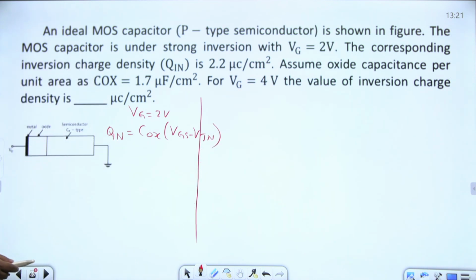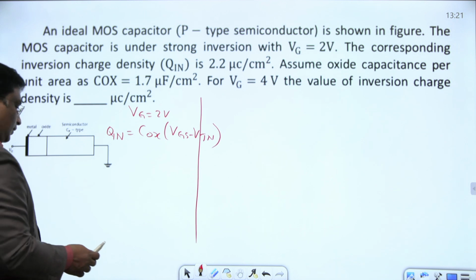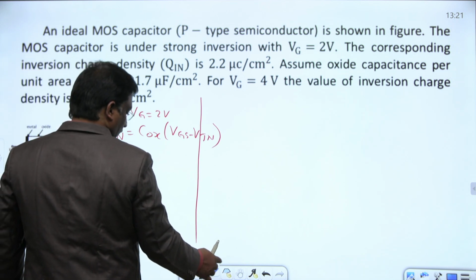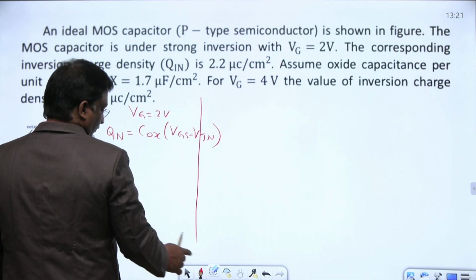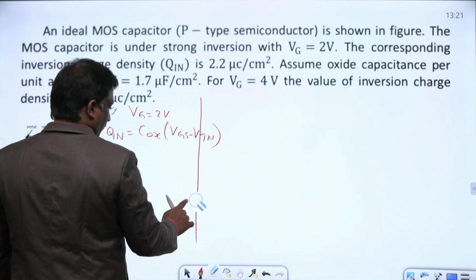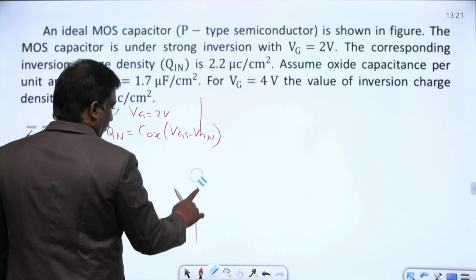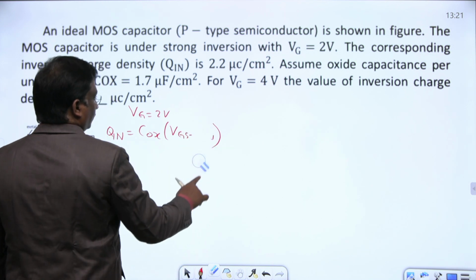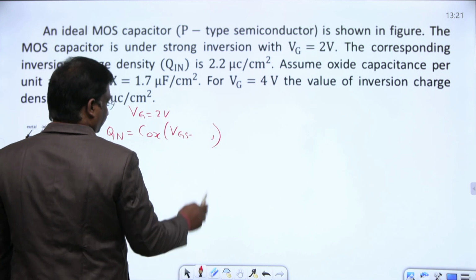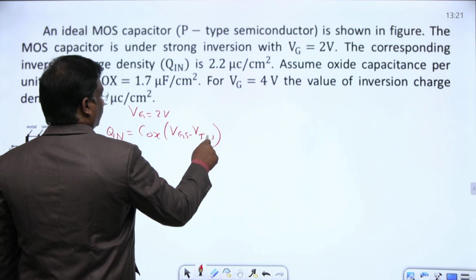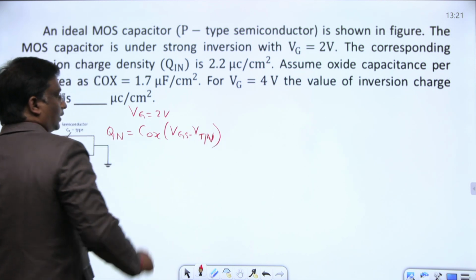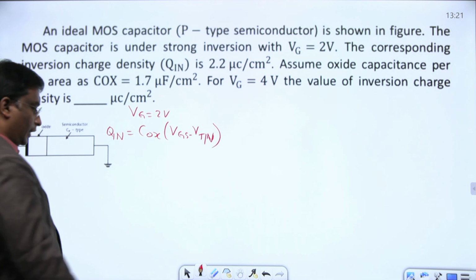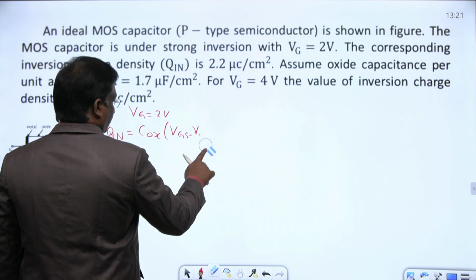Let us first try to get the threshold voltage with this information. Everyone, try to get the threshold voltage.